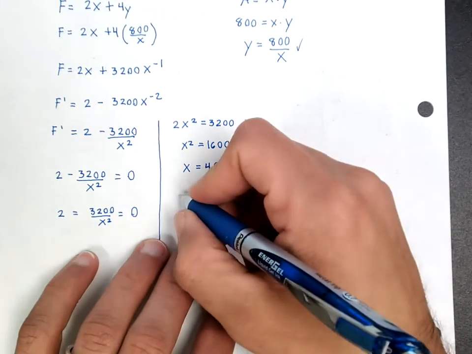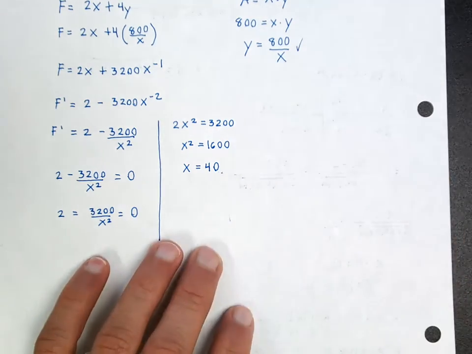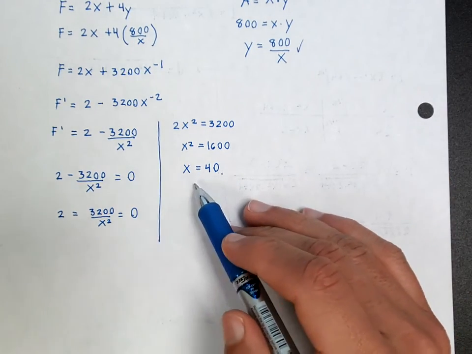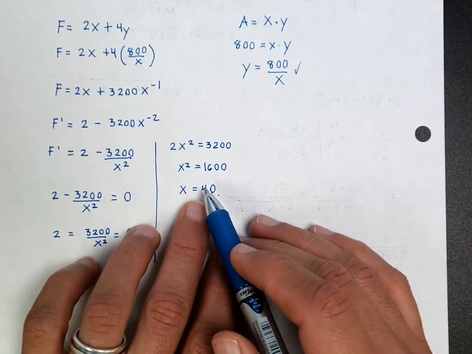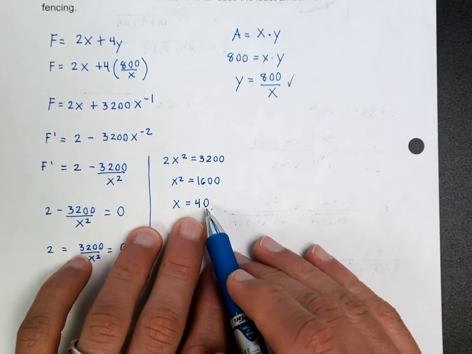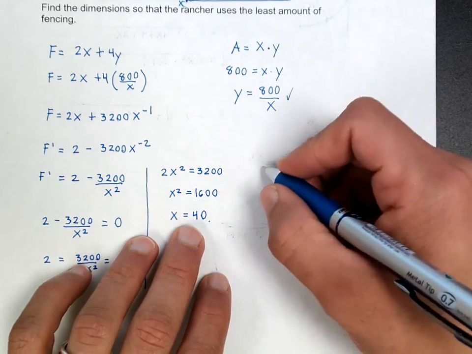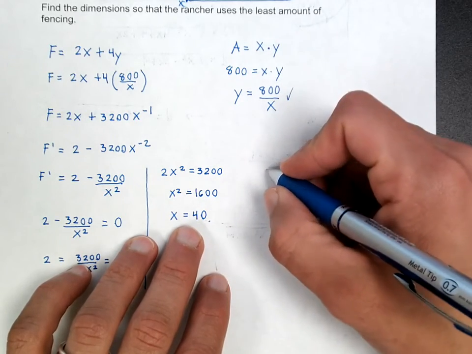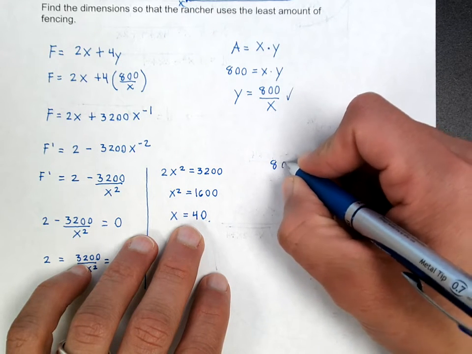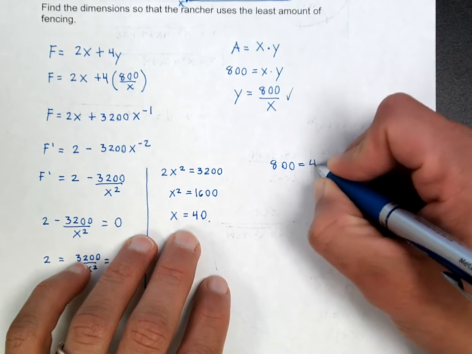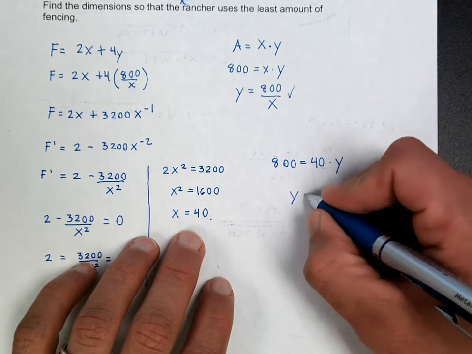So let's see. Oh wait, I don't really know how much fencing I have, so I can't do that. Normally I would plug this back into the original, but I don't know how much fencing I need yet. However, what I do know is the area. So if the area was 800, and x was 40, and I want to figure out y, I can just divide both sides by 40, so y is 20.